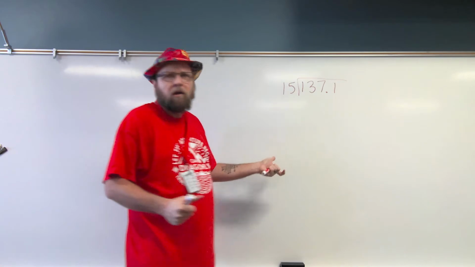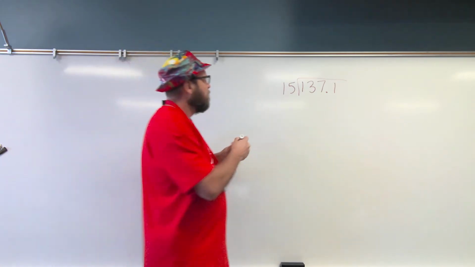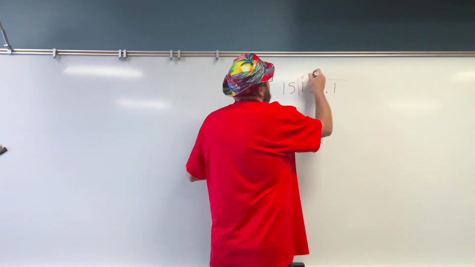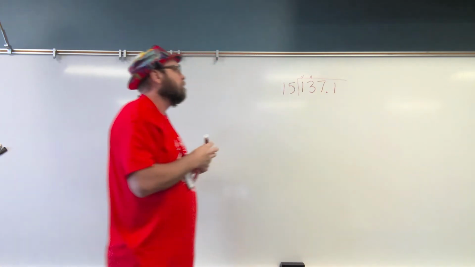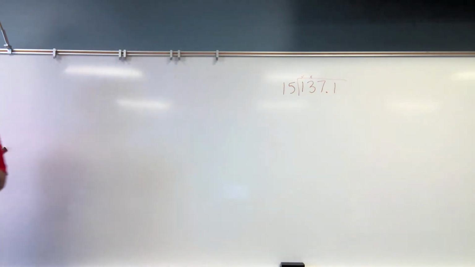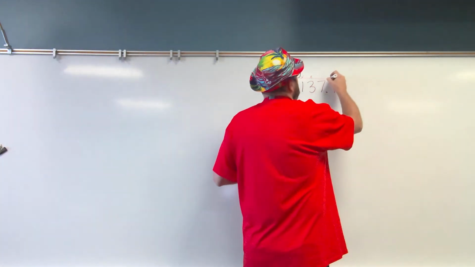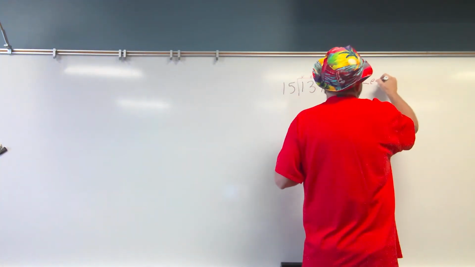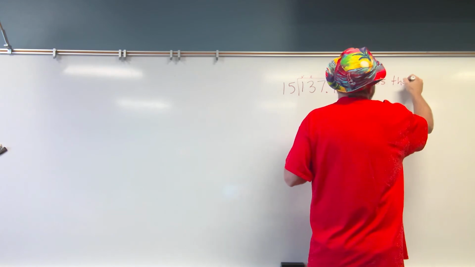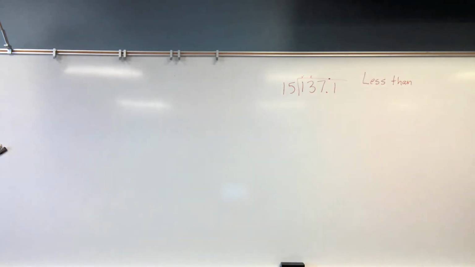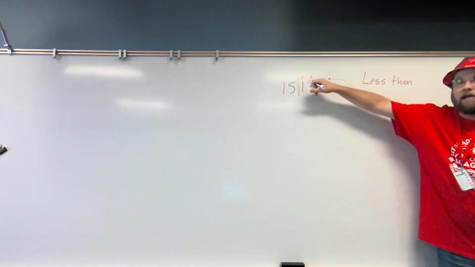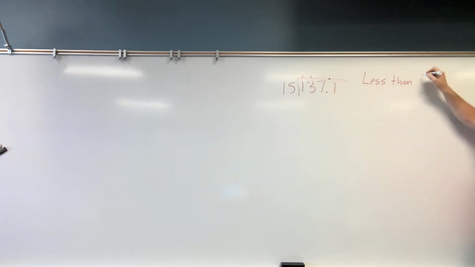And I know that it's not going to go into 1. It's not going to go into 3 or 13. So now I know it's going to go into 137, which means my answer is going to be less than what? Well, if I don't have anything in the tens place, my answer is going to be less than 10.